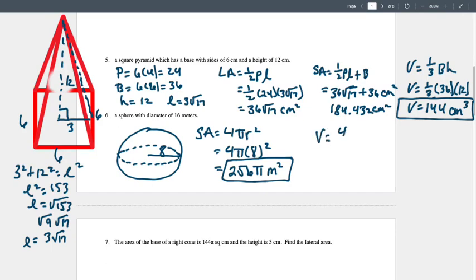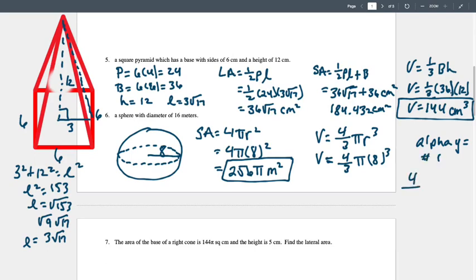My volume formula is 4/3 pi r cubed. Volume is 3-dimensional, so that's why we cube that radius. Plugging it in, I get 4/3 times pi times my radius, which is 8 cubed. When you type it in your calculator, you can hit alpha y equals, and then choose option number 1 to make it look like a fraction.